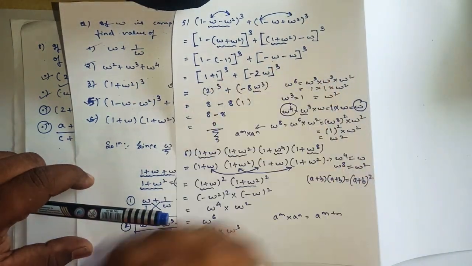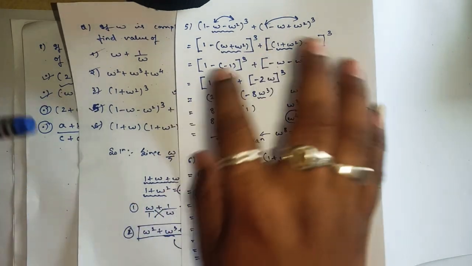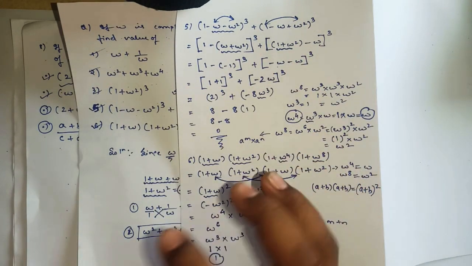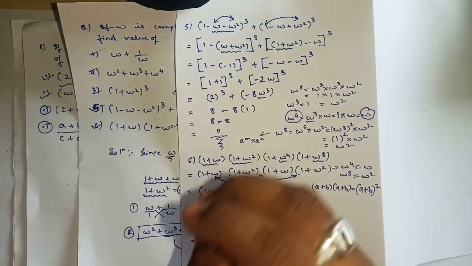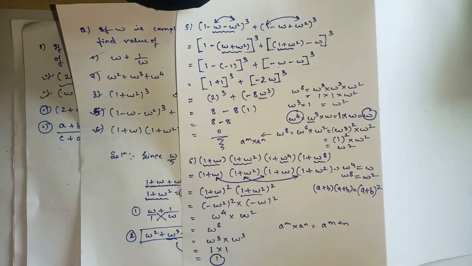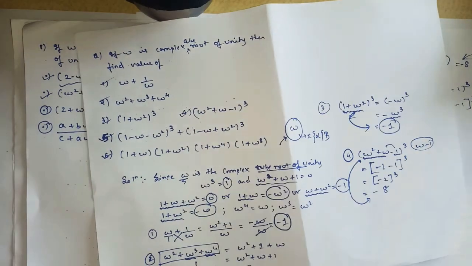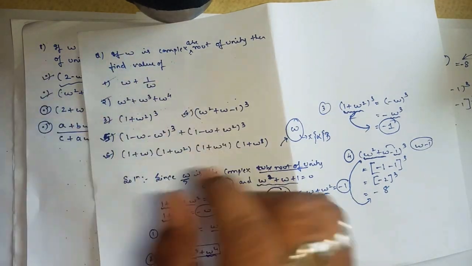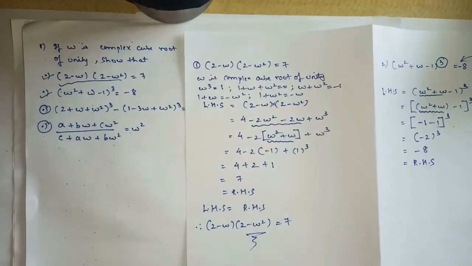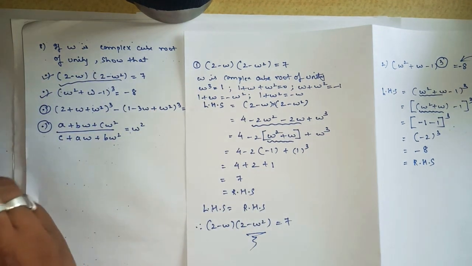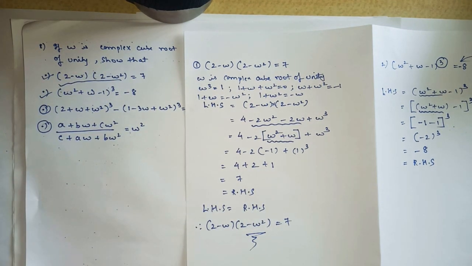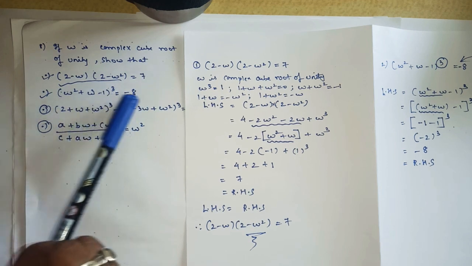I hope you all understood the basic adjustment and even the tricks and techniques, the fundamentals, how to do the basic adjustment and how to apply the suitable formula to get the final answer. So I hope you all understood the fifth and sixth sum. So here we used to find the value for this particular question, but here we have to show that the left hand side is equals to right hand side. Already here we have the value for this question.